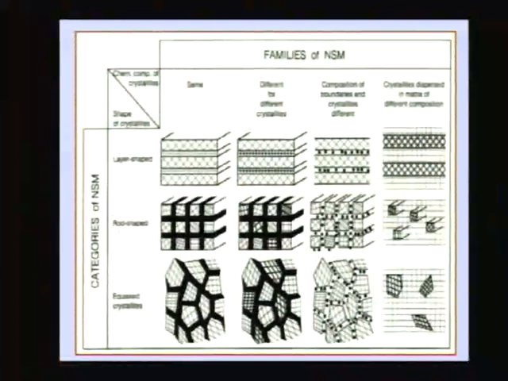So one can have layers of the same composition, one can have rod shaped nanocrystals of the same composition, various rods or various nanowires brought together, that is one possibility. And you can have various grains of nanocrystals, each one having the same composition, brought together.